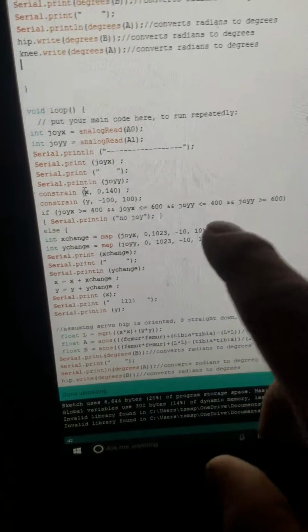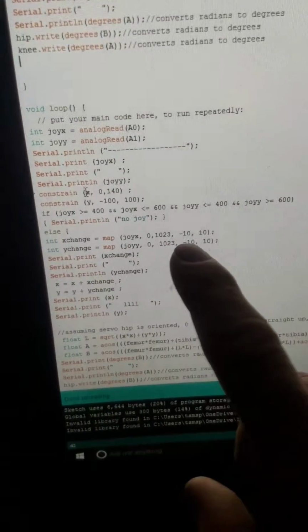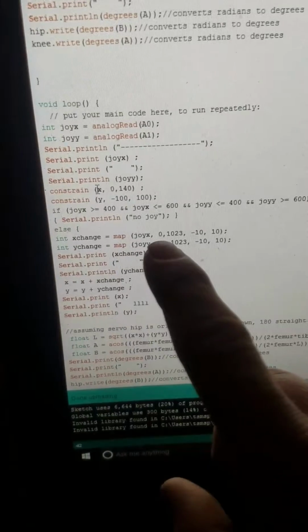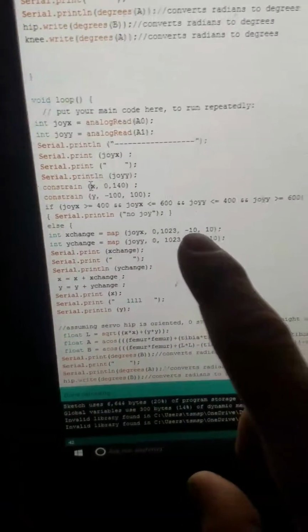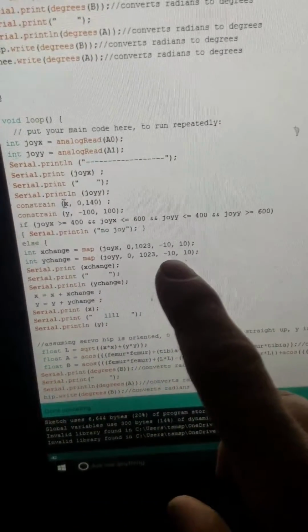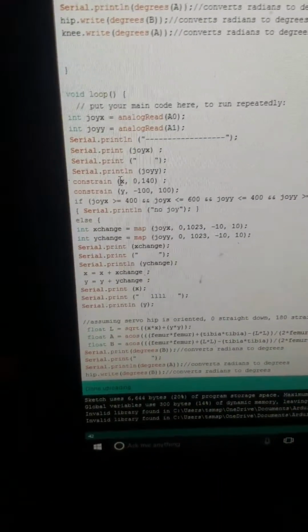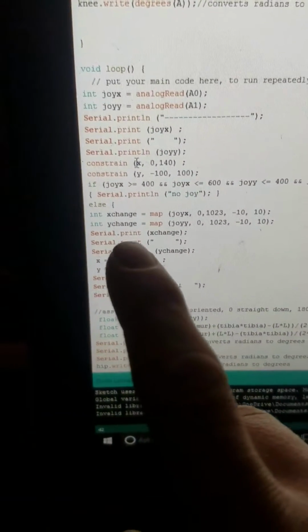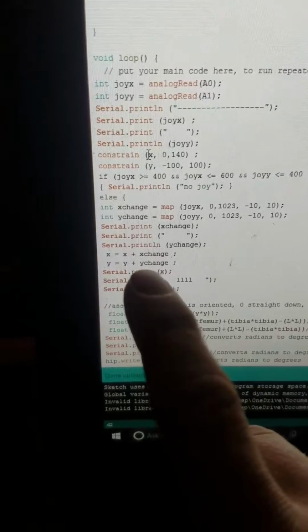And the map function then sets it so it ranges from -10 to 10. And that's the X change and Y change.